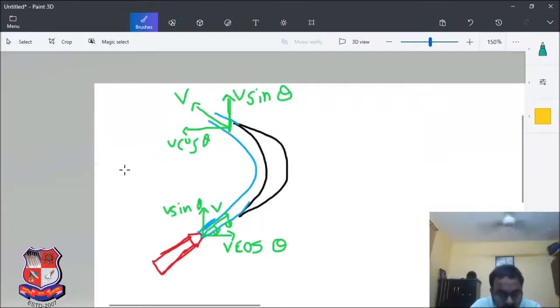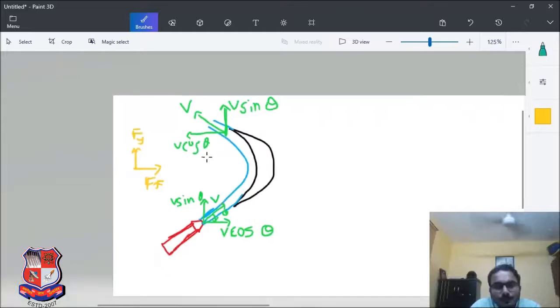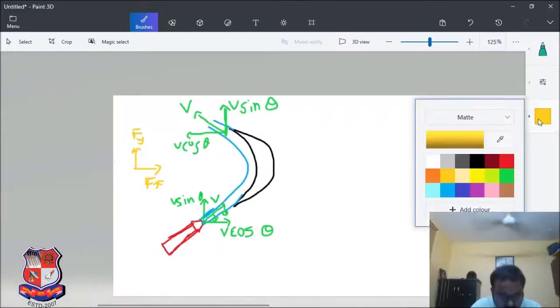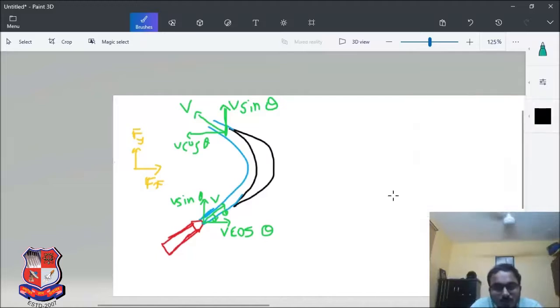Okay, so one more thing that we can put here is the forces. Again, the force will be Fx and here we will have Fy. So this is the arrangement. We can also show the symmetry of this blade.